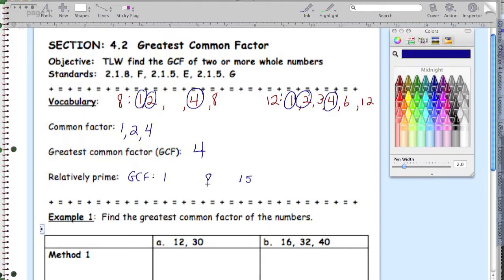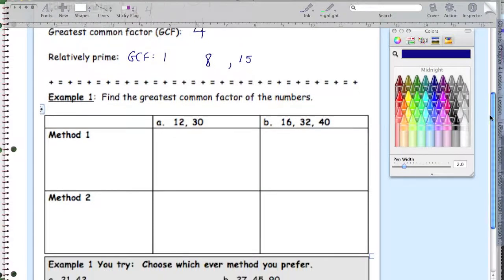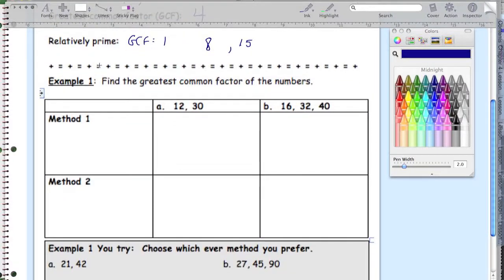Neither of these are prime numbers. 8, as we see here, has factors 1, 2, 4, and 8. 15 has factors 1, 3, 5, 15. But the GCF, the largest number that goes into both of them, is only 1. So the GCF is 1. So together, they are relatively prime because there's nothing that goes into both of these numbers. And we're going to talk more about that in a moment.